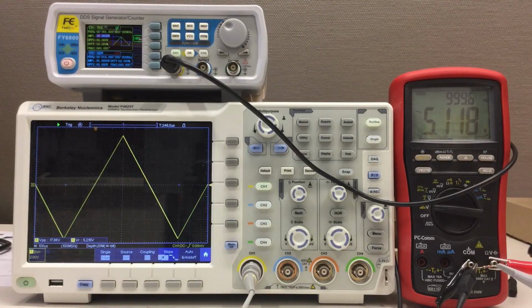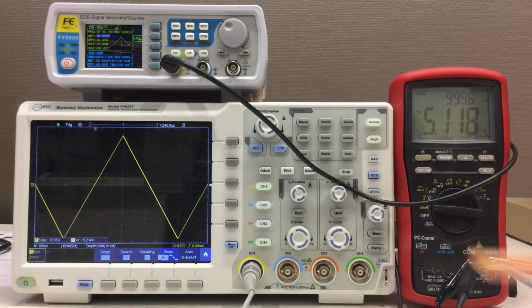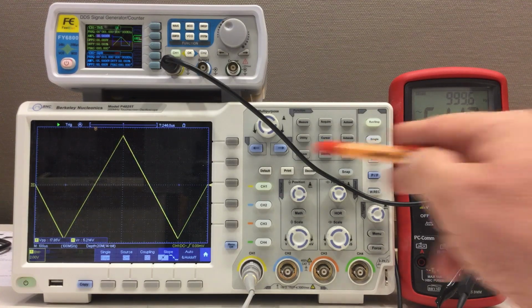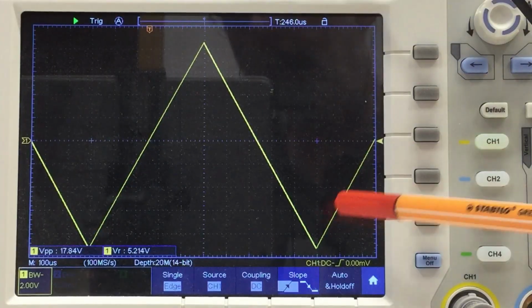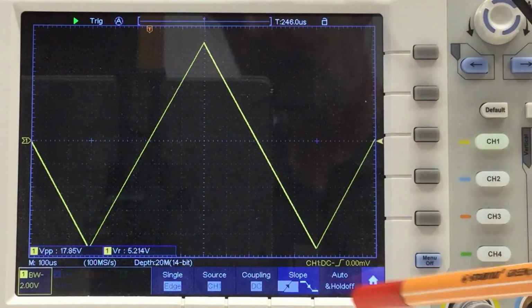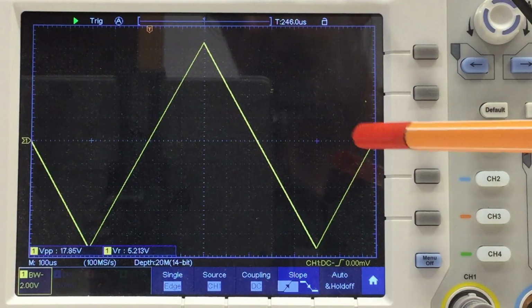I tried a 330 ohm nominal load resistor here for 20 volts peak to peak, and it didn't work out. And I'm now up to a 360 ohm nominal, which measures in at 354 ohms. And we finally have an undistorted triangle wave at 20 volts peak to peak set voltage.